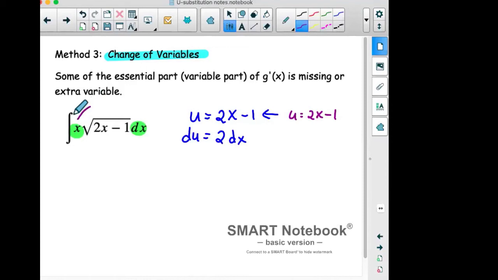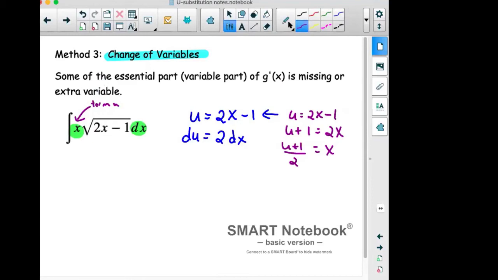So I'm going to replace this extra x that I can't do anything with in terms of u. So I need to replace this with something in u. So I'm going to go to this equation here, and I'm going to solve for x. So I can substitute x in place of whatever this is in terms of u. So I'm going to rewrite this equation, getting x by itself. So I'm going to add 1 to each side, and then I'm going to divide by 2. So I know x is the same as u plus 1 divided by 2.